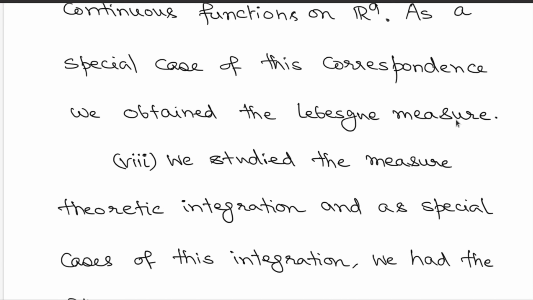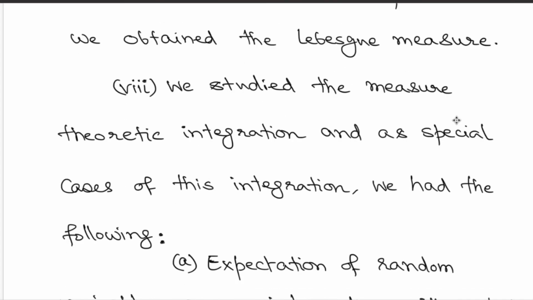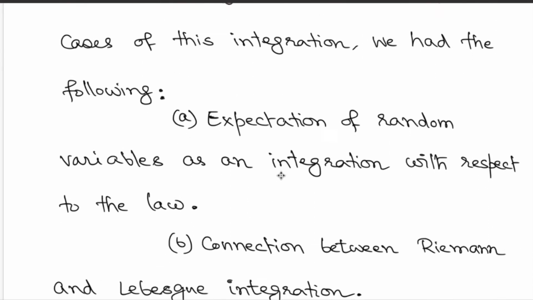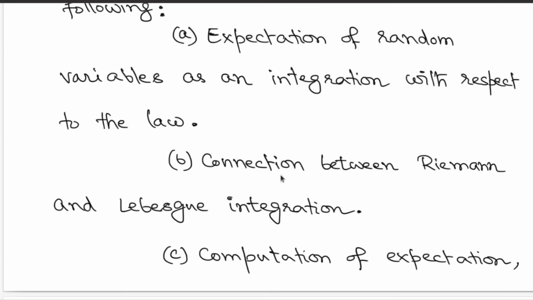Then, after understanding all these different examples of measures, we studied measure theoretic integration, and as special cases of this integration, we covered the following cases. The first was expectation of random variables as an integration with respect to the corresponding law. So that was the first thing that appeared as a special case of measure theoretic integration.